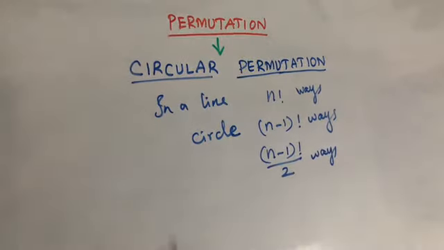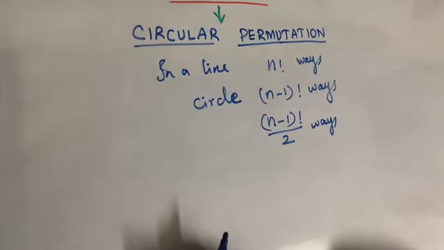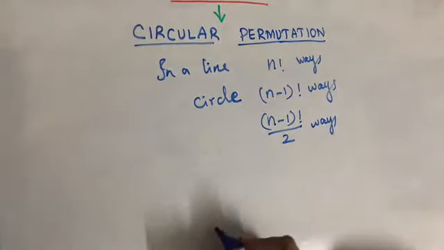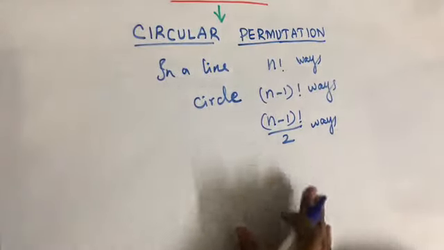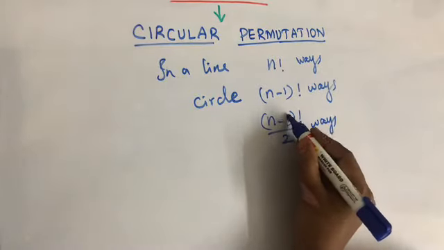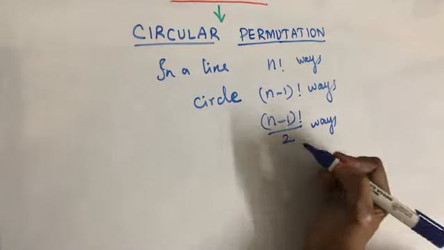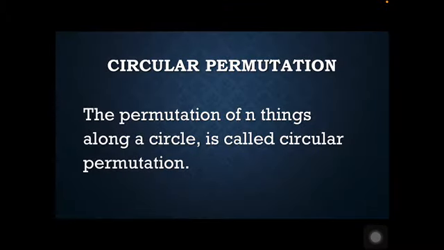For example, if the beads are all identical, or while making a circular arrangement of flowers, if the flowers are identical, then I have only 9 minus 1 factorial divided by 2 ways to arrange them. Circular permutation: this is the arrangement when we do it in a circular way.